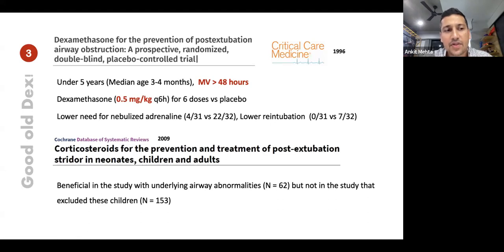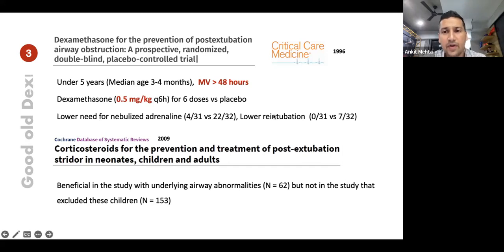There are 2-3 papers which they have published, where the important things they have highlighted are: if you want to extubate a child who has been on a mechanical ventilator for more than 24 hours, they have used low dose dexamethasone or high dose dexamethasone. Prior to extubation, the timing is important. So the most important things will be the timing of dexamethasone and then the dose of dexamethasone.